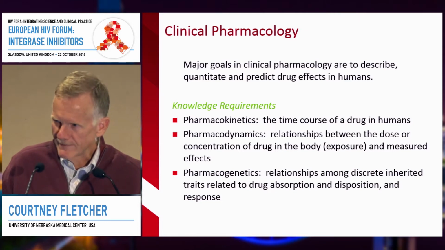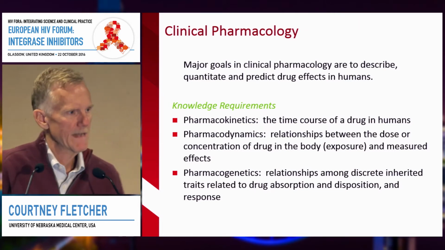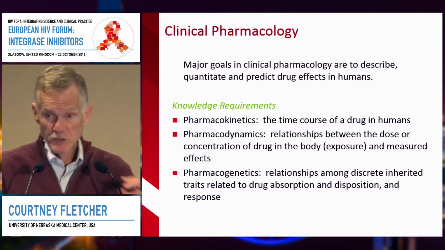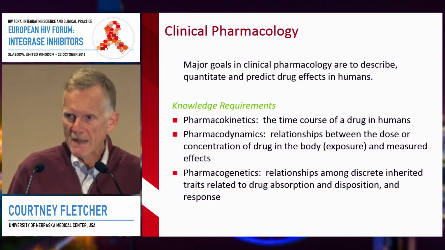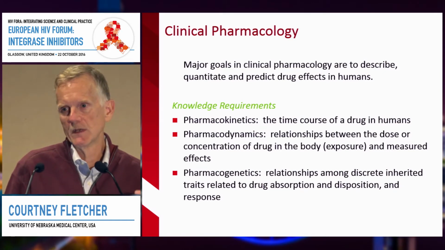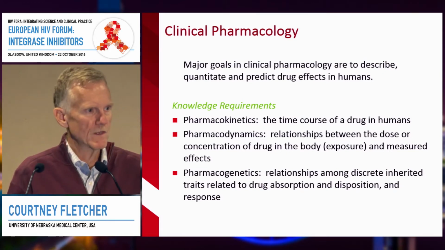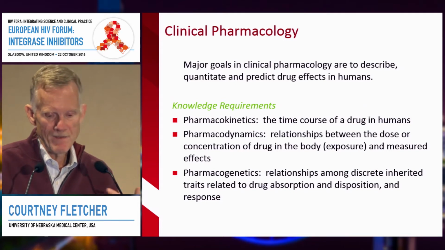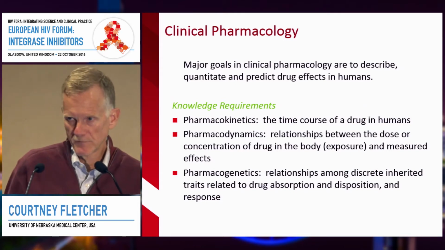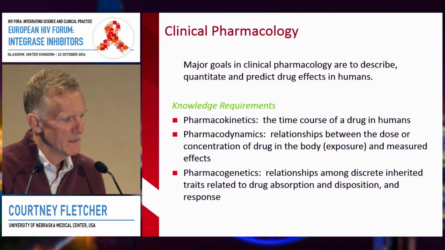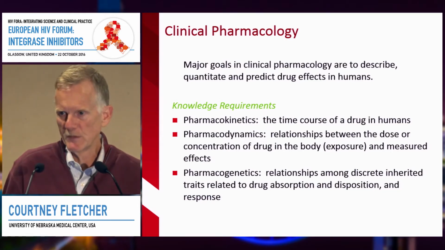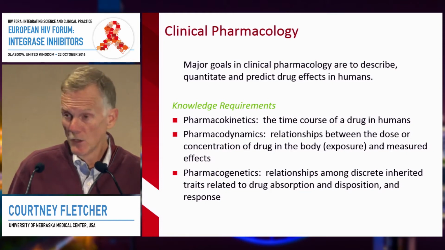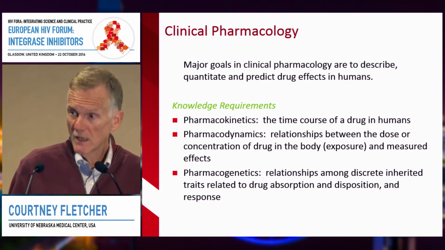All those processes determine pharmacokinetics, and eventually how much drug you have in the body. And that's where pharmacodynamics comes in. The relationships between the effects that are produced and that amount of drug in the body is the field of pharmacodynamics.